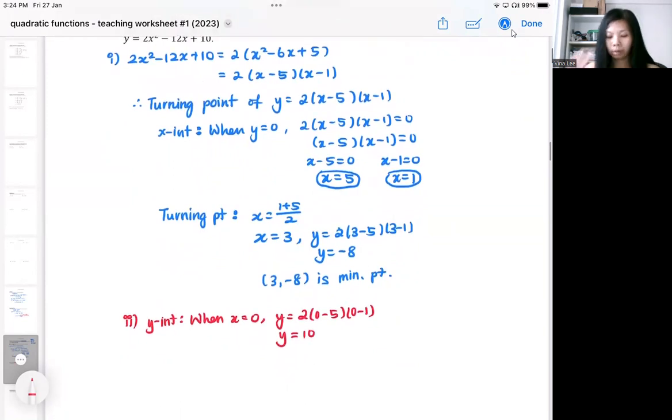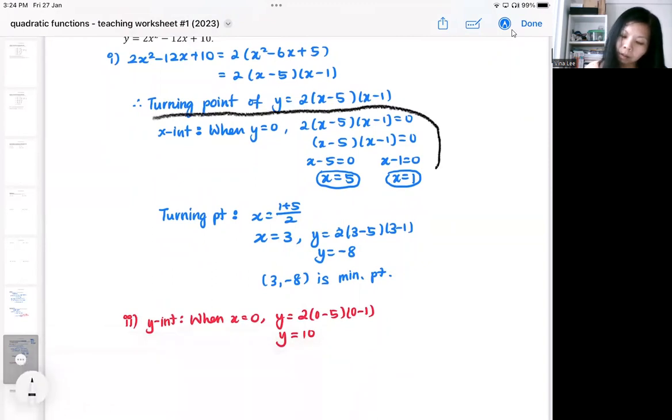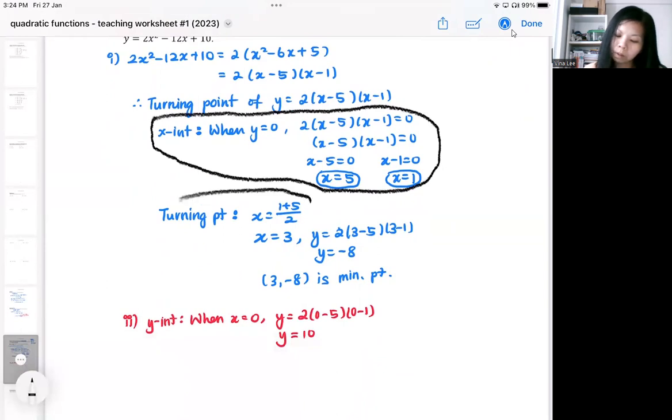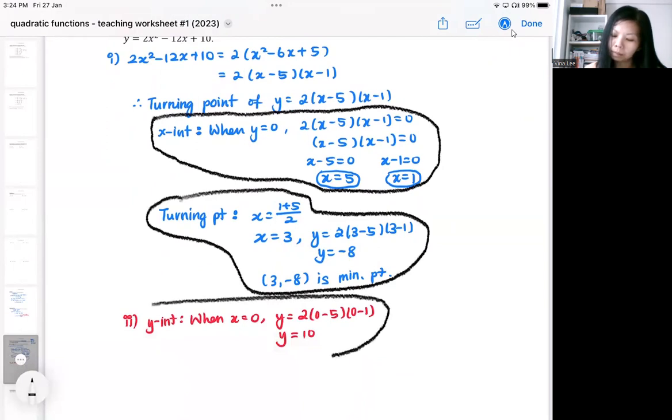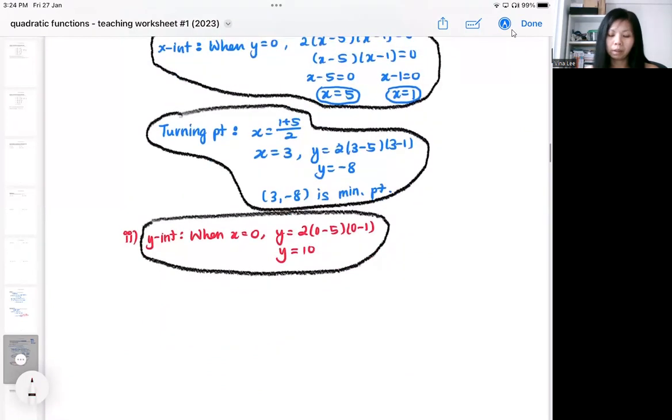So you technically already have your 3 blocks of working. Look carefully: you got the x-intercept block, you got the turning point, and you also got the y-intercept. These are the 3 blocks of working that you need so that you can eventually draw the sketch.